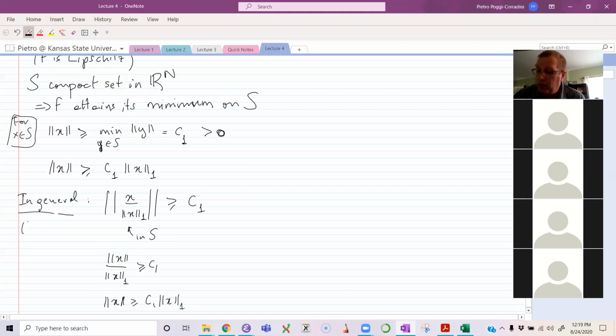In general, for general non-zero vectors, we get this lower bound in terms of the 1 norm.